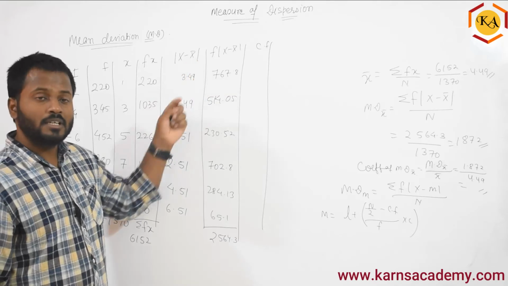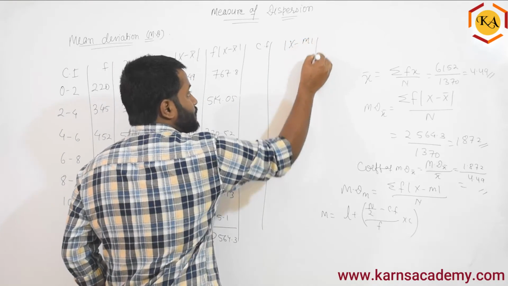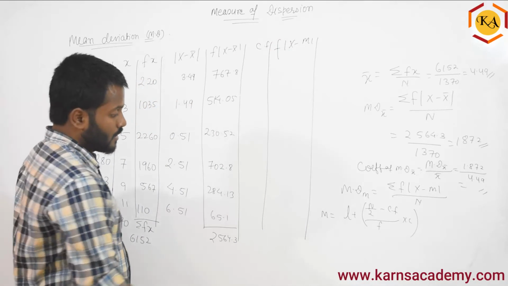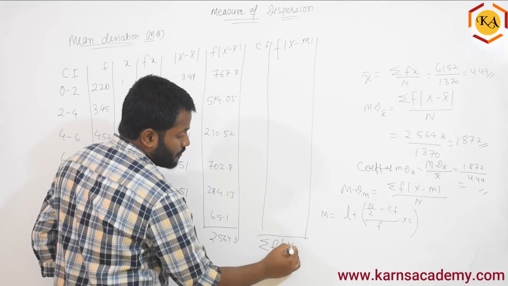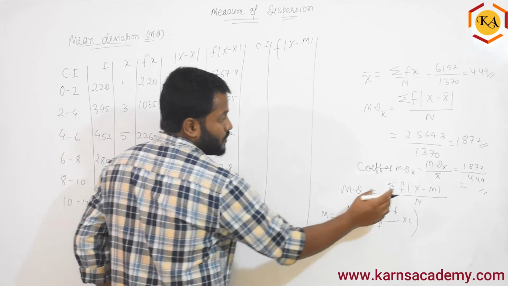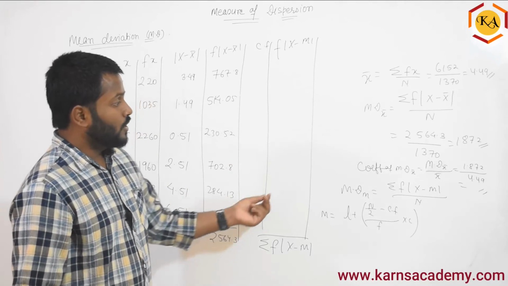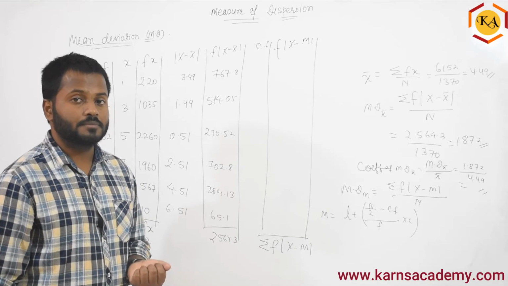As you have done x minus x bar, you will be finding x minus median. And this column you will be multiplying with frequency. So here you will get summation f of x minus median, which can be substituted here. And similarly, you can also find the coefficient of mean deviation from median, right?